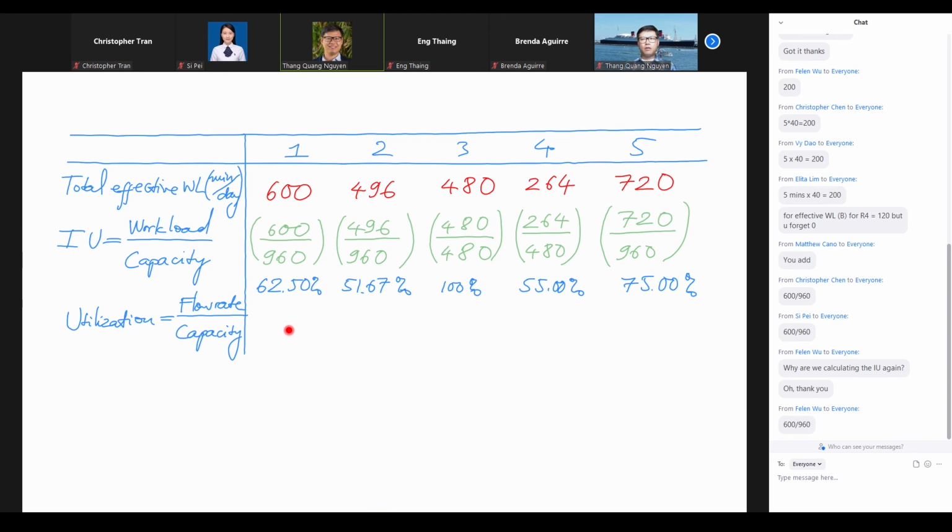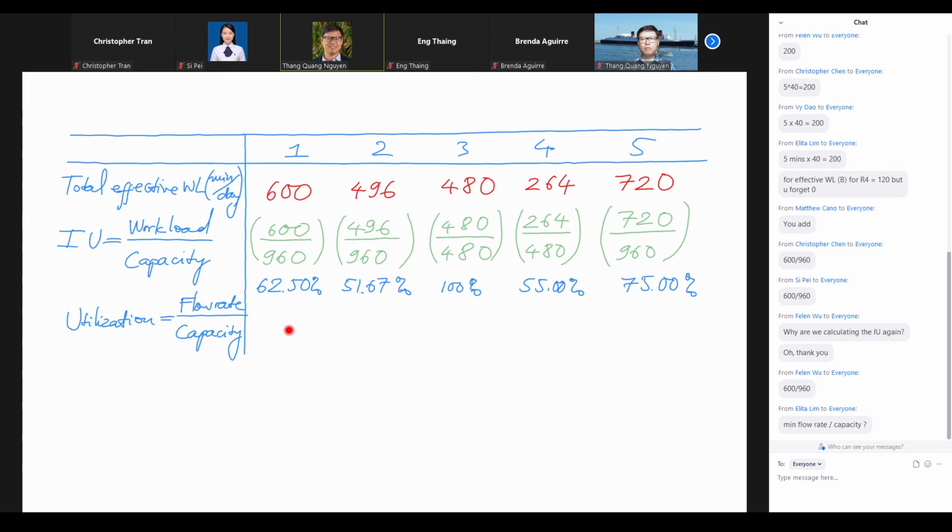What number divided by what number? Got the first answer from Philip. Elita, that's correct. We talk about the same thing, right? Otherwise, the units of the flow rate and the units of the capacity have to be the same for us to make that division. So what number divided by what number?